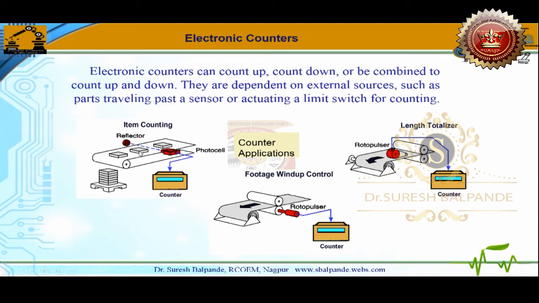Whenever the second product comes, then again you will have a second interruption. Now the counter value will get incremented by 1, so previous value plus 1. This way the counter can be used to keep track of events, and events are monitored through the interruption of the light. This is the basic fundamental use of a counter.